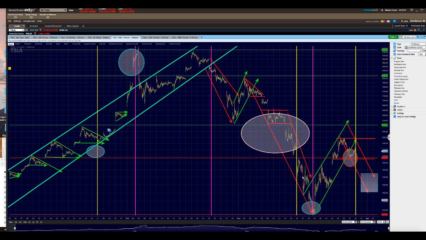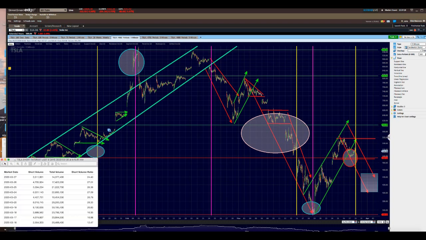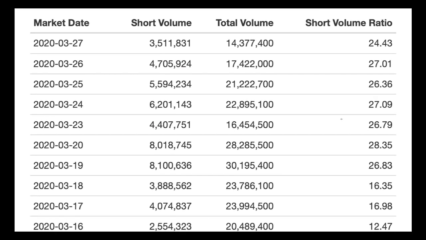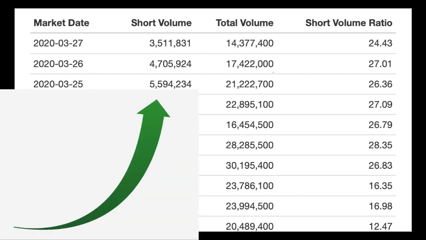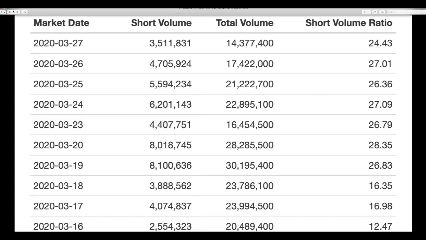It stopped shorting. Let me pull up the actual data chart. You'll love this. In the last 10 days since the 16th, the short interest in Tesla has gone from a 12% short volume ratio to 24%. The short volume ratio is pretty insane. It's doubled in that time frame, in a week, the last 10 days.